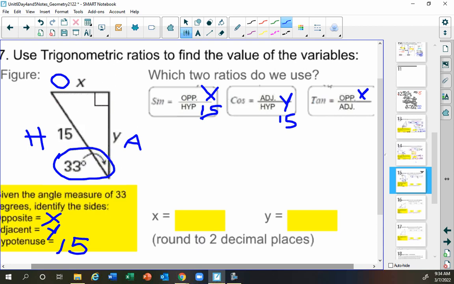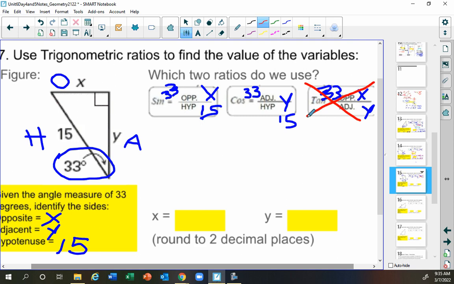Opposite was the x. Adjacent was the y. And then, of course, sine, cosine, tangent, we always use the degree measure. Now, out of the three, which one would not benefit us? Yeah, because the tangent has two variables. Would two variables help us with this problem? No. So the tangent is out of the game.